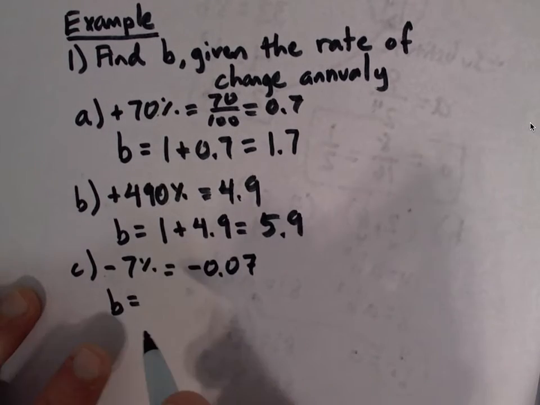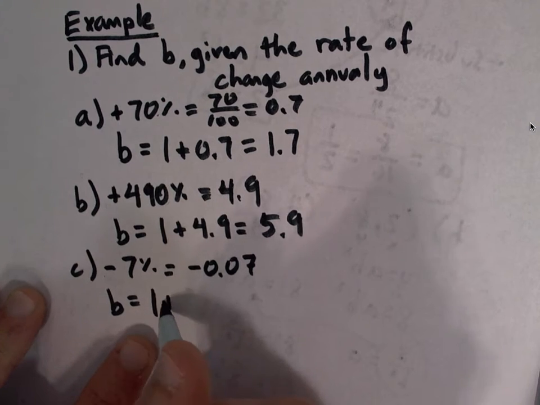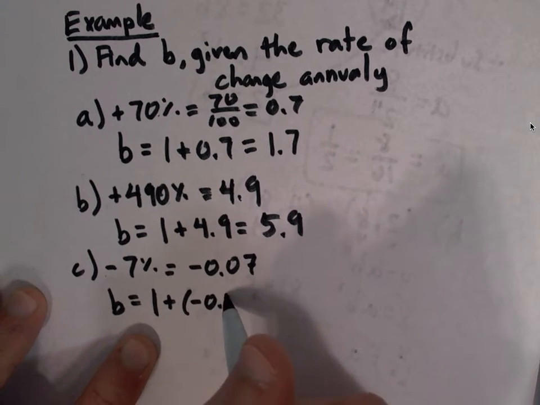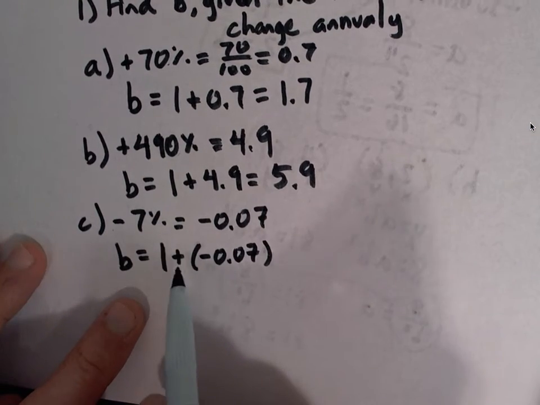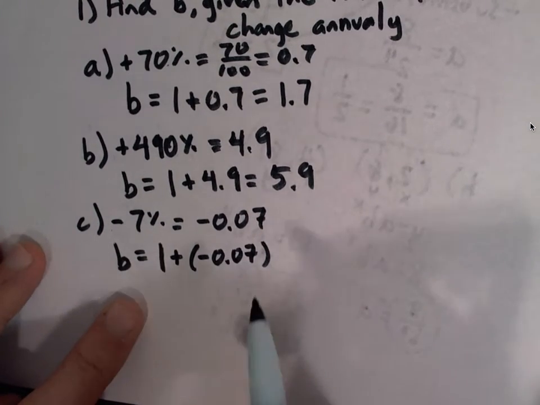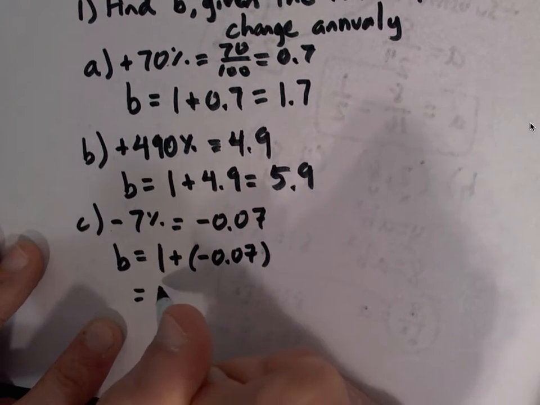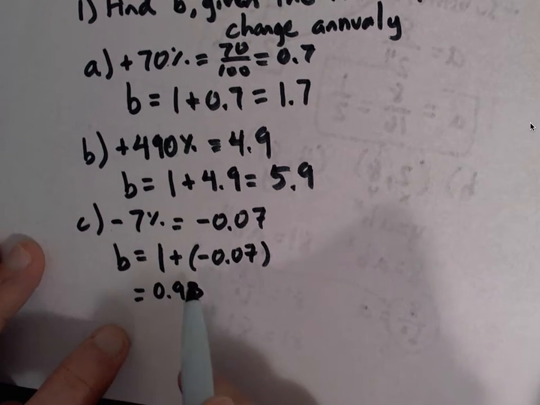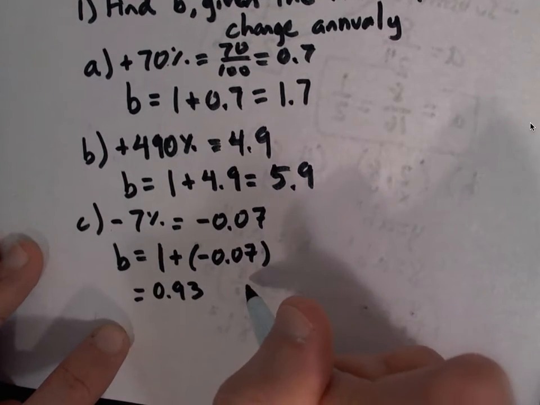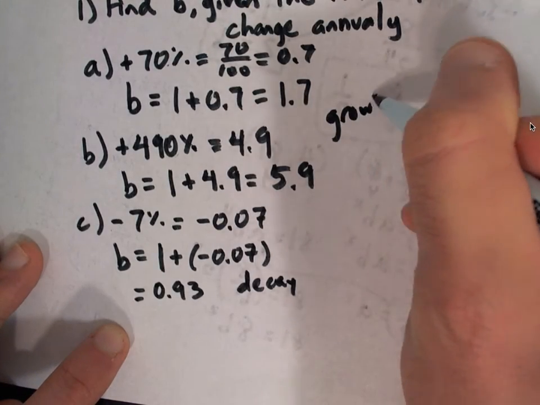So our b would again be 1 plus a negative 0.07. I think of this in terms of money: you have $1 minus 7 cents. So you're left with 0.93. Since that's less than 1, this is a decay factor. All the other ones were growth.